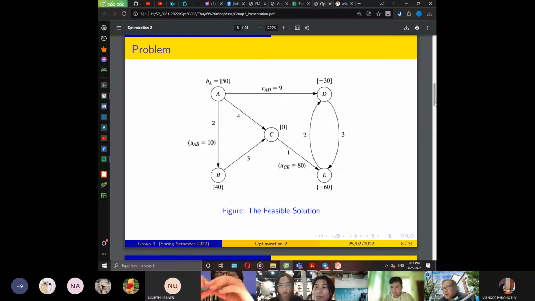We replace the arc AB by the arc BA. Since 2 is the cost to move one unit from node A to node B, now we transfer from node B to node A, so the cost will be -2. Is it reasonable to you?